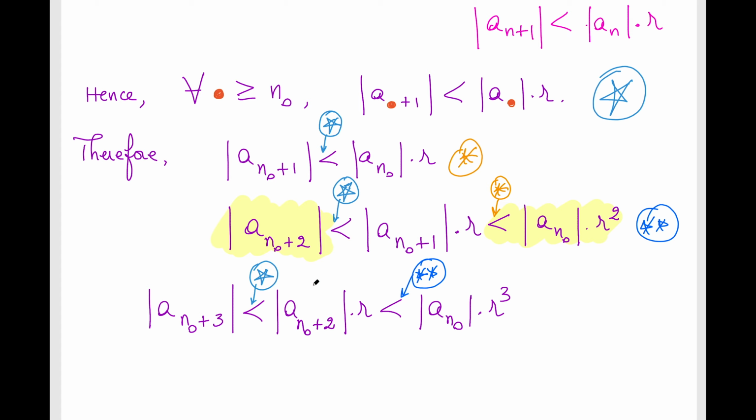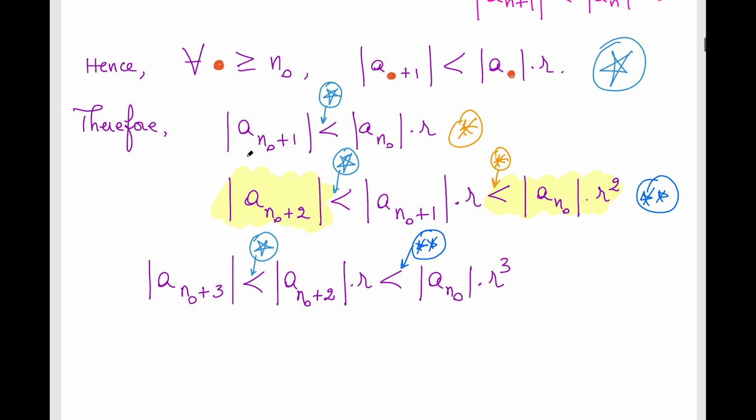And let's keep thinking about this. I mean, if we keep doing this, what are we doing? If we keep doing this, we're ultimately gonna have, you can show it by induction, but I'm gonna just write the general case. Look, you see this? The first one, asterisk, absolute value of a_{n0} plus something is smaller than absolute value of a_{n0} times r to the power of that thing.